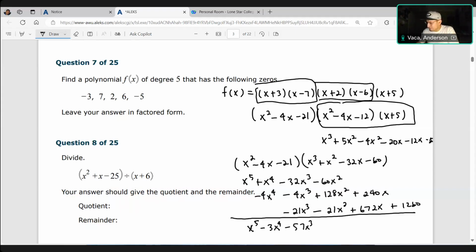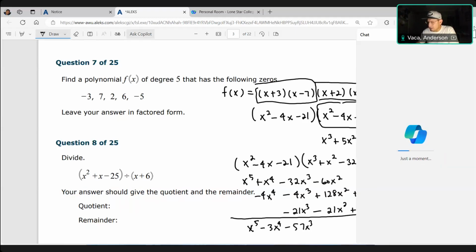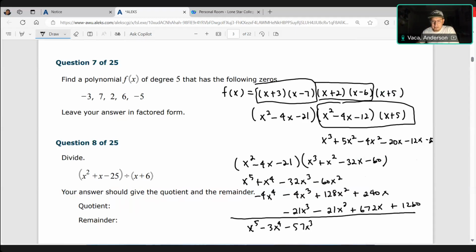We got negative 60 plus 128 minus 21, and I get 47. So plus 47x squared. Plus, let's see, that will be 912x plus 1260. This is probably the one example where I probably made a mistake on my arithmetic. Please double check that, okay?